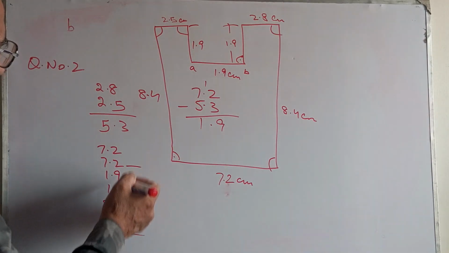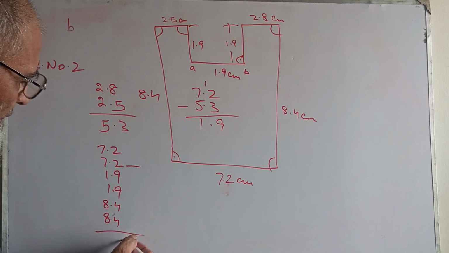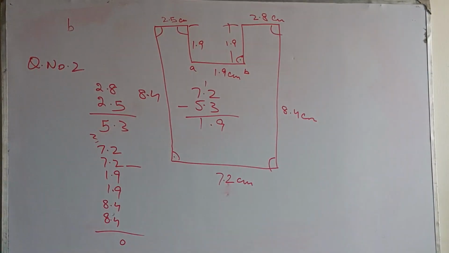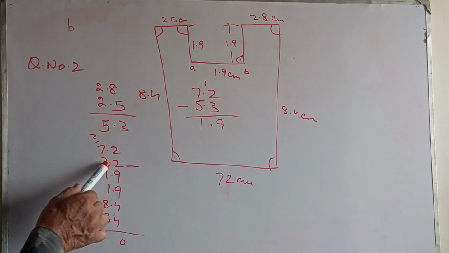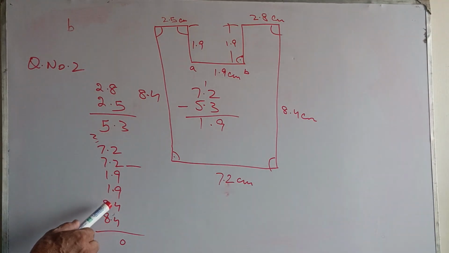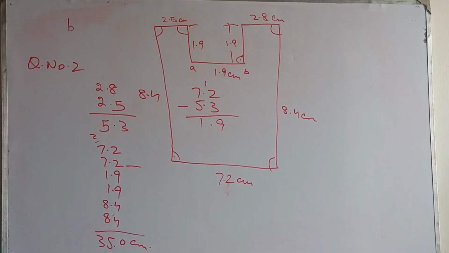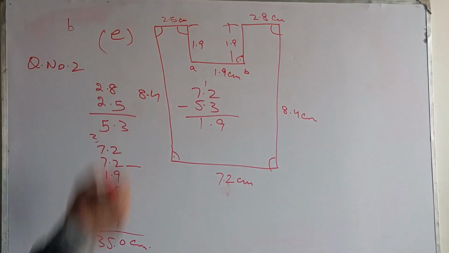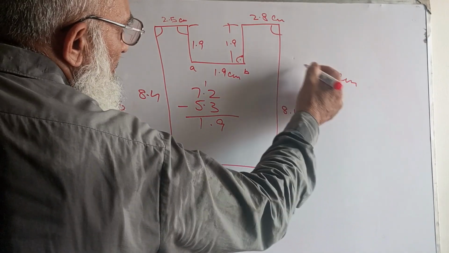So 18, 20, 22 and 8, 30, 27 and 8, 35 centimeters. This was part E. Okay. Now the total perimeter is 35 centimeters.